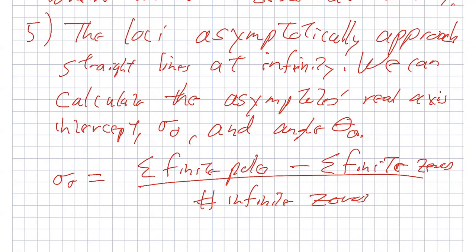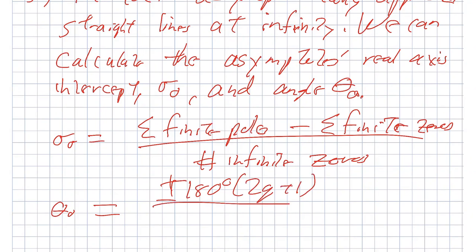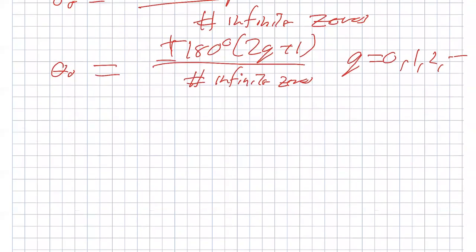And theta 0, the angles that we need, are equal to plus or minus 180 degrees times (2q plus 1) over the number of infinite zeros, where q is equal to 0, 1, 2, as many as we need. I'll explain that as we look at our example.